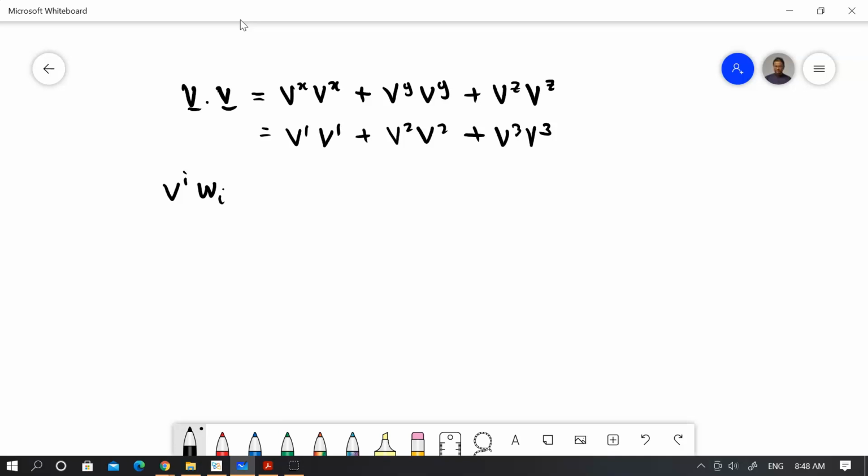In some ways it doesn't matter in the case of the Euclidean space, but this rule is going to be important when you do special relativity. The index summation usually has one index on top and one at the bottom. So in order to make this look like that, you remember that for Euclidean space, Vi is just the same as Vi.